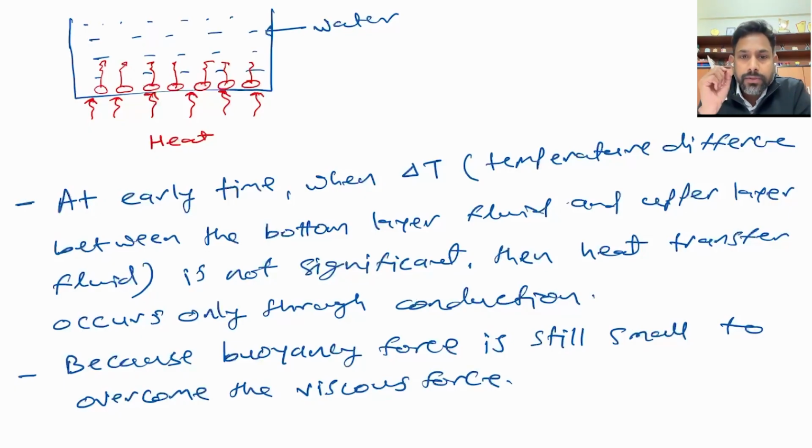So what happens is you start heating it up, temperature rises, so it creates buoyancy force, but that buoyancy force in the beginning is still very small, so the viscous force in the fluid is not overcome by the buoyancy force, right? And that is why there is a resistance in the fluid for fluid motion, and that resistance is because of viscosity, and that happens in the beginning, right?